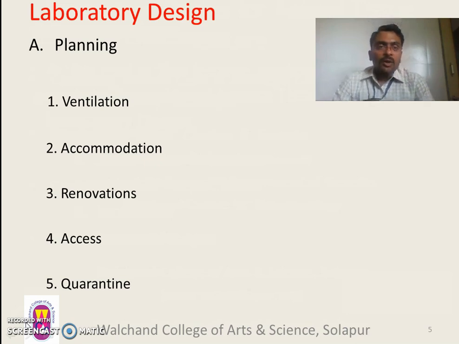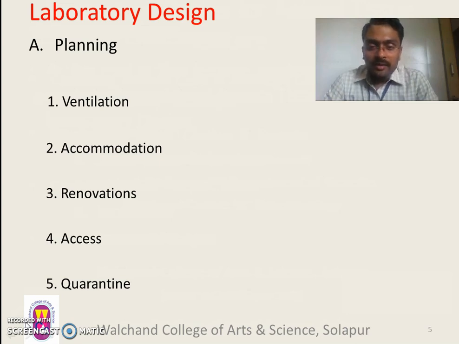If you have an already existing building and you have to renovate it, then there are limitations, because you are not able to make too many changes if your building already exists.